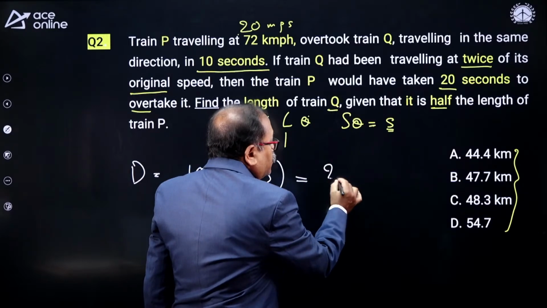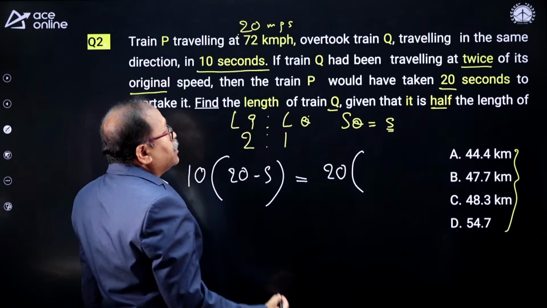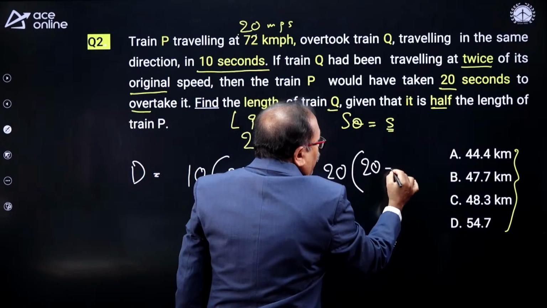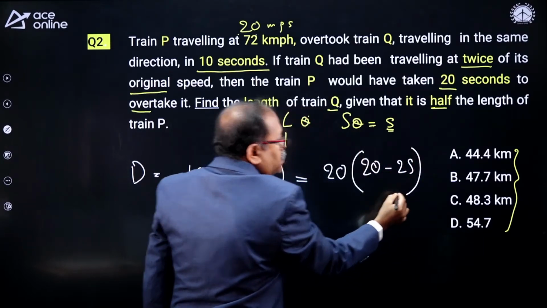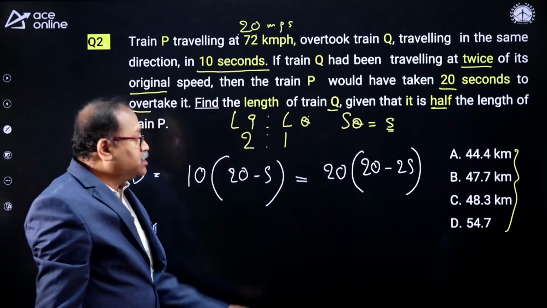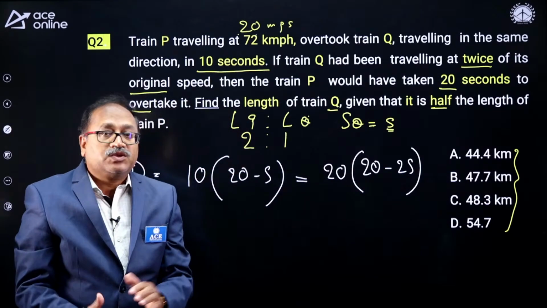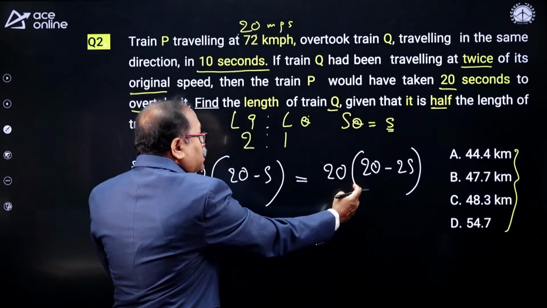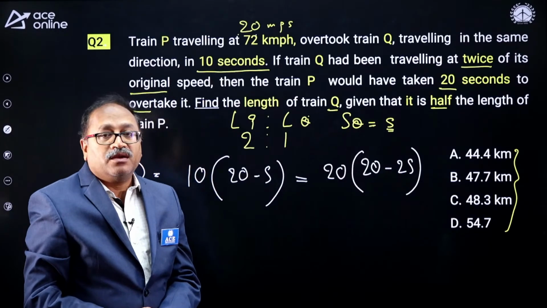The time is 20 seconds, and the relative speed in this case is 20 meters per second minus 2S because the speed has doubled. So here again time into relative speed is distance. I hope you are understanding these two equations are the same. By solving them, I will get the speed of train S.